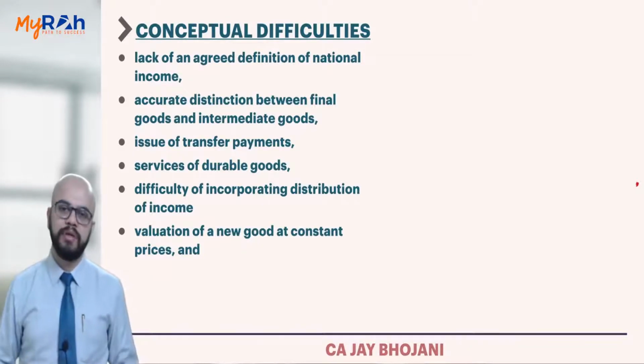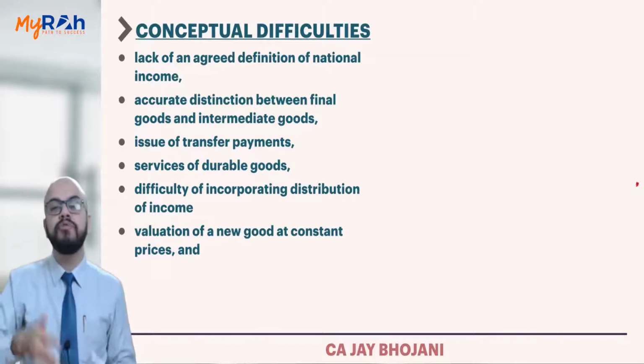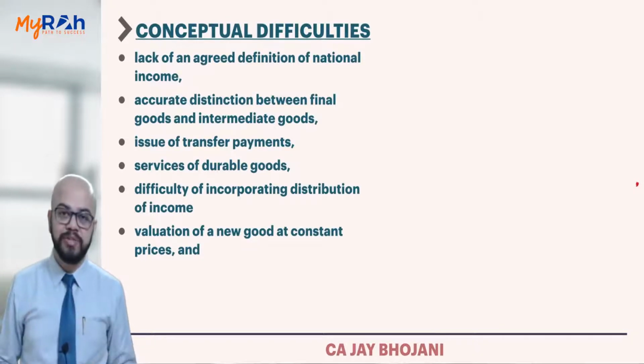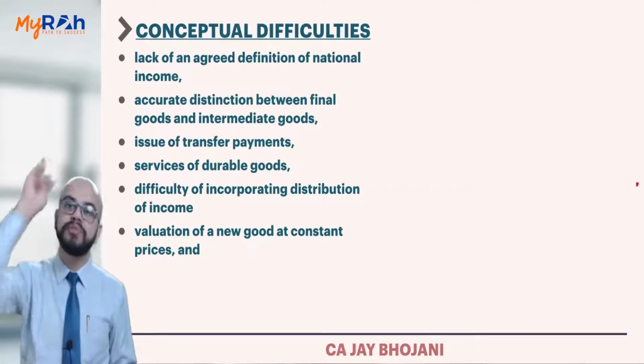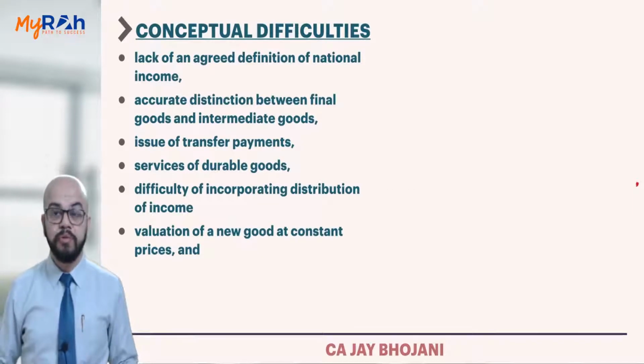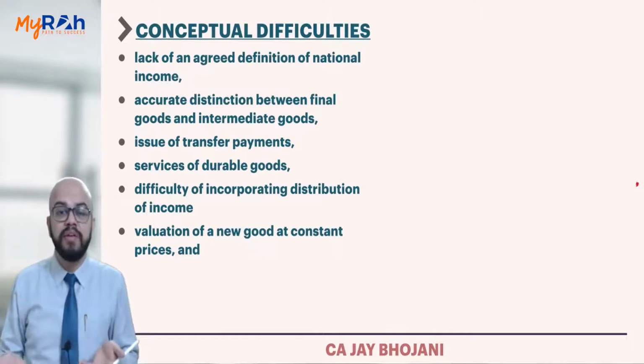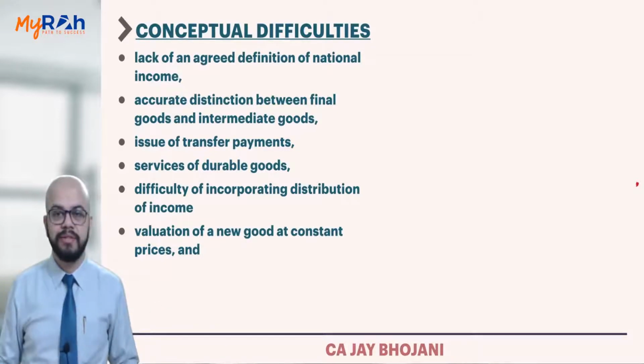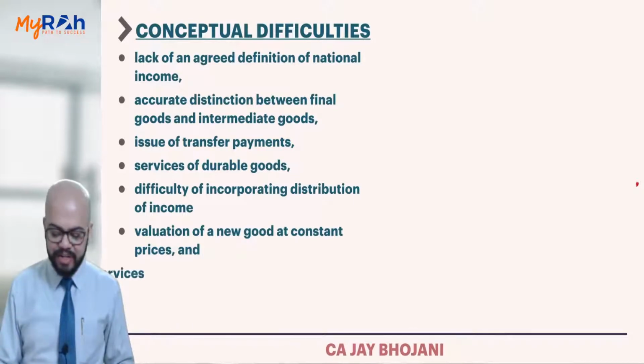What if some goods were invented in 2017-18? They did not exist in 2011-12. The goods which did not even exist in 2011-12, how do I find out a constant price value for that? Understand? So that is also a conceptual difficulty.